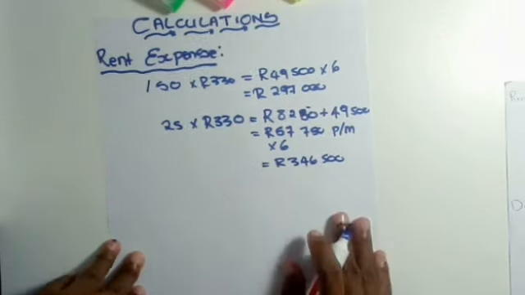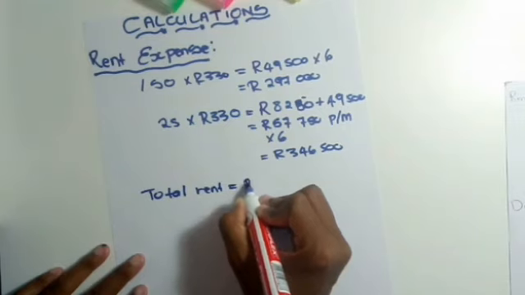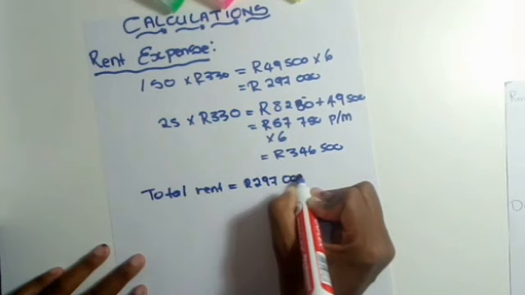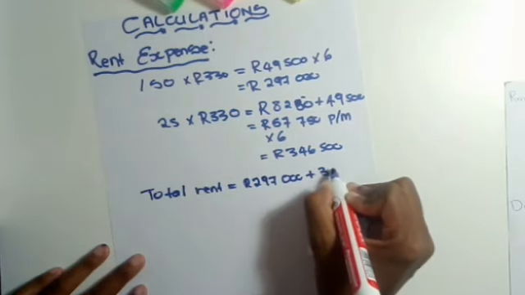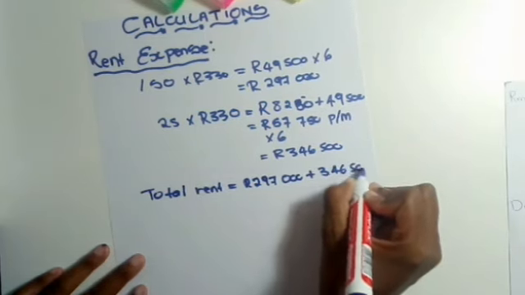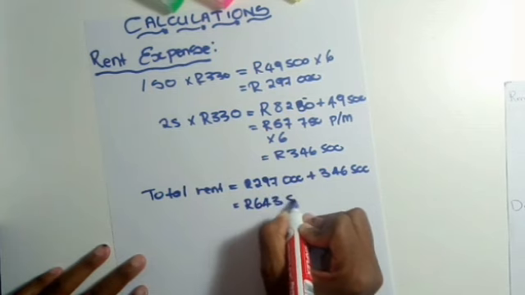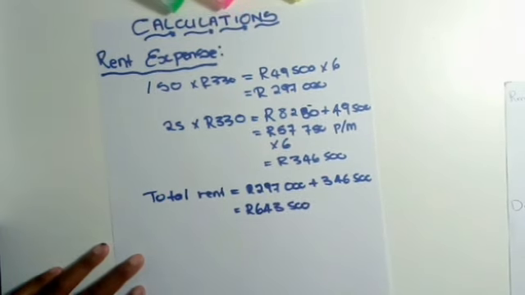Now I can now use these two amounts to determine my total rent. So the total rent that I paid, including the 2 months that I paid in advance, this would give me the total full amount that I paid, and that would be 297,000 plus 346,500, and it gives me a total of 643,500 when you punch it in your calculator.